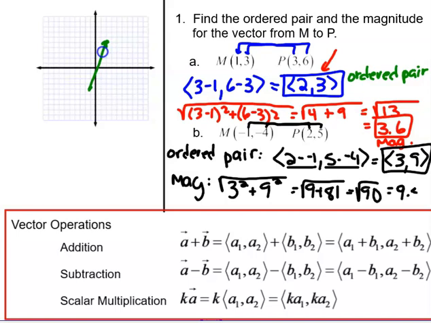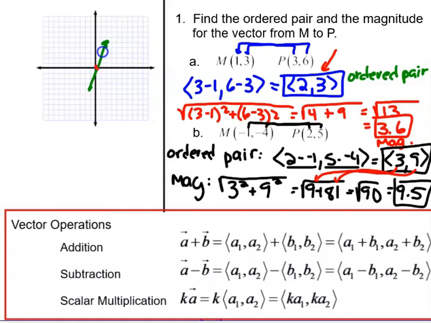And the square root of 90 gives us a magnitude of 9.5. So again, kind of recognize really what we're doing is once we have the ordered pair, I can just square that and add them together. Right? So just remembering that is going to make more sense when we are just given an ordered pair. Okay, so the length of that green arrow though is 9.5.